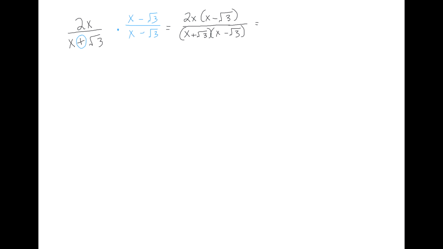Okay, so 2x times x is 2x squared. 2x times minus square root of 3 is minus 2x square root of 3. x times x is x squared, plus square root of 3 times minus square root of 3 is minus square root of 9.